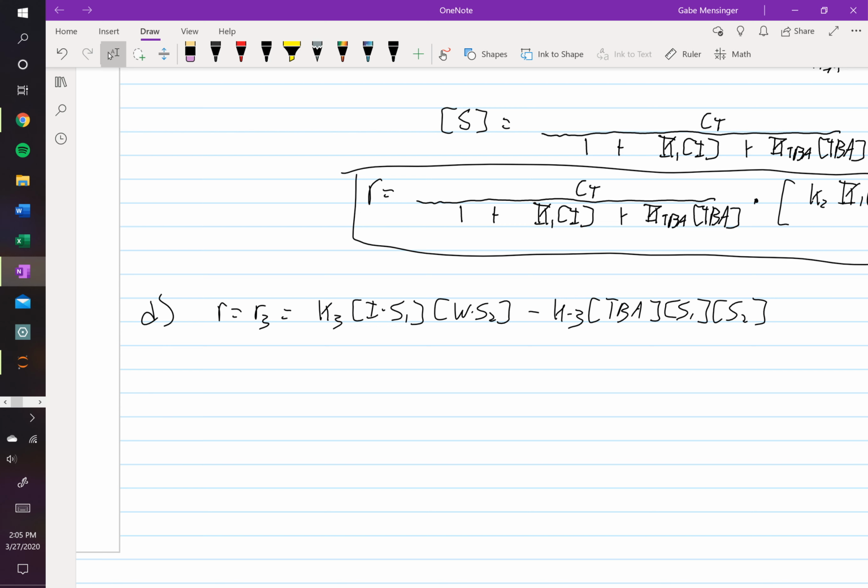Excuse me. Okay. But we still can't leave these terms in the rate expression, so we have to get rid of them. Once again, we can assume QE.